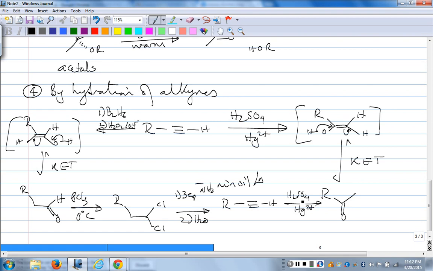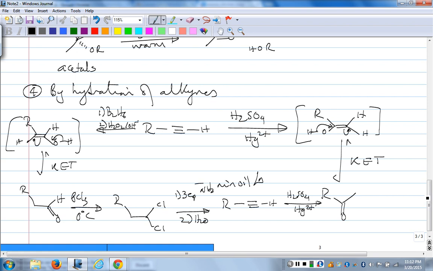do the Markovnikov hydration. And if I wanted to go this way with PCl3 again, to make the gem dichloro, then eliminate to make the alkyne, and then do anti-Markovnikov to make the aldehyde.